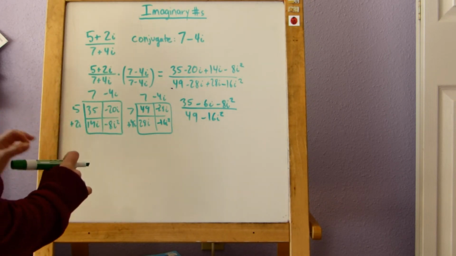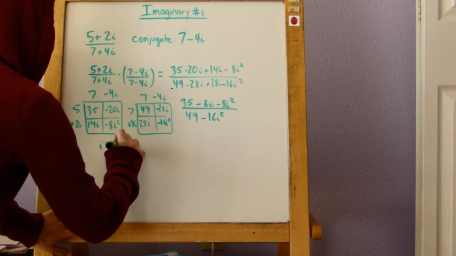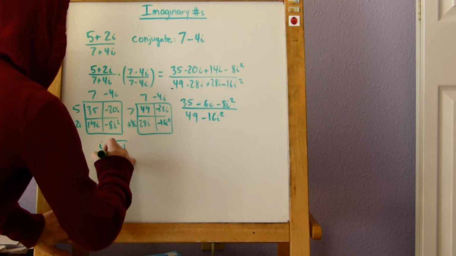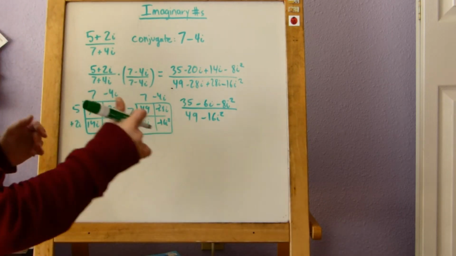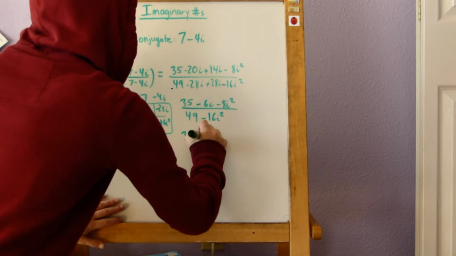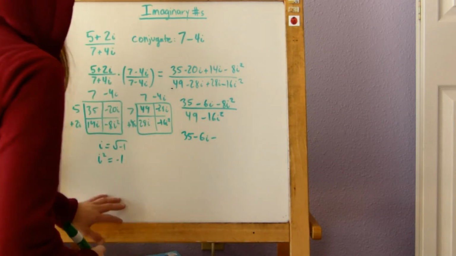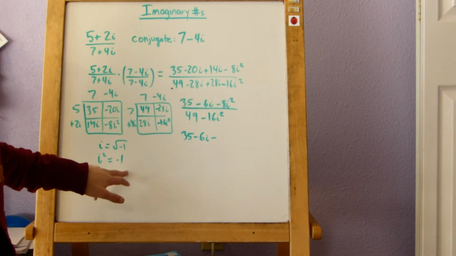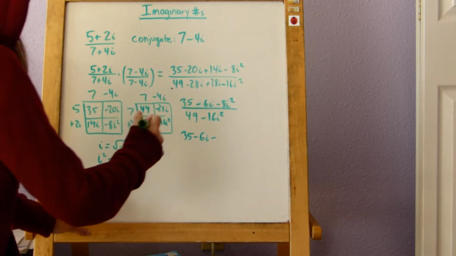But using that previous property of if i equals the square root of negative 1, then i squared equals negative 1, we can simplify this. So the top, 35 minus 6i minus, so we have negative 8i squared, times negative 1. Negative times negative, positive 8.